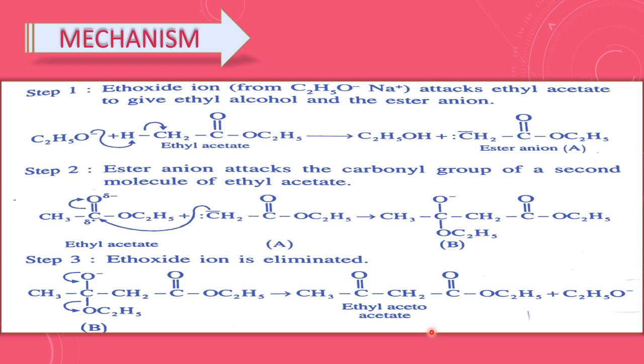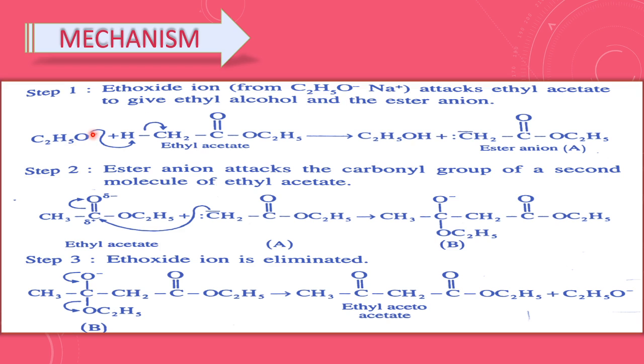By step procedure, see here how ethyl acetoacetate forms. In the first step, sodium ethoxide attacks the first molecule of ethyl acetate. See here the reaction: C2H5O minus Na plus.